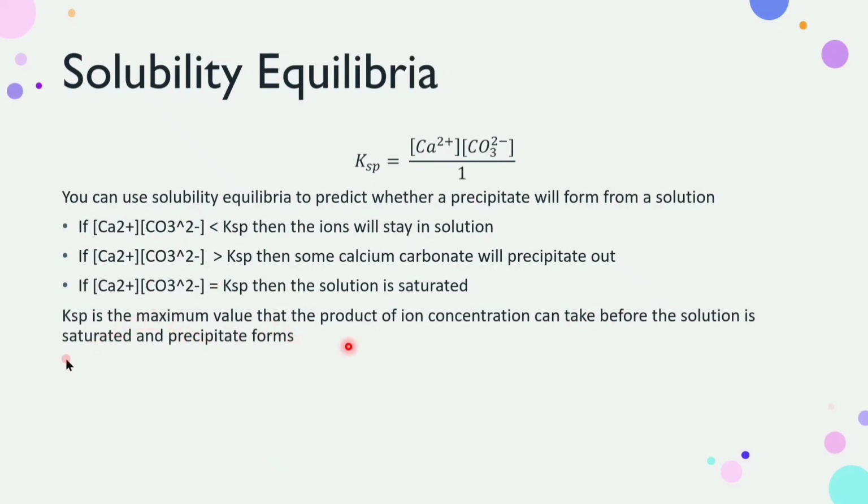Because Ksp is a fixed value at a certain temperature, this allows us to find the value where we'll have a saturated solution, and for any product greater than this fixed value, a precipitate will form.